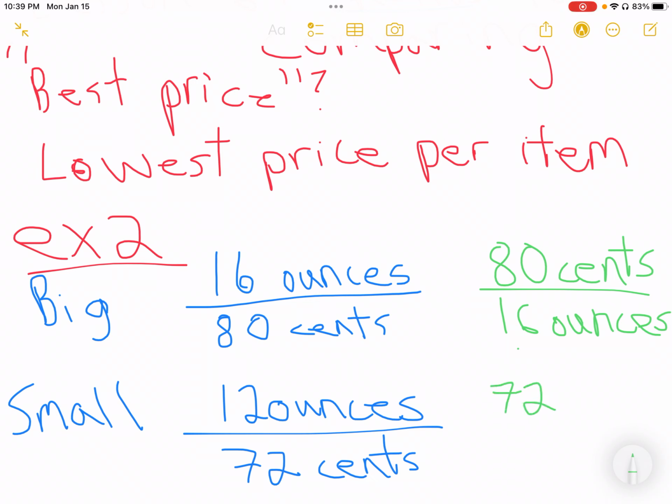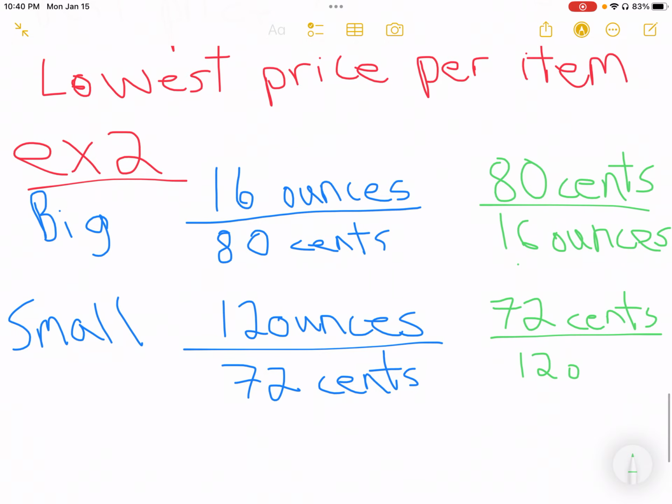I just have to be consistent. 72 cents and 12 ounces. And don't forget, this fraction part, whether it's that one or this one, is like a division sign, okay? This is like divided, okay?